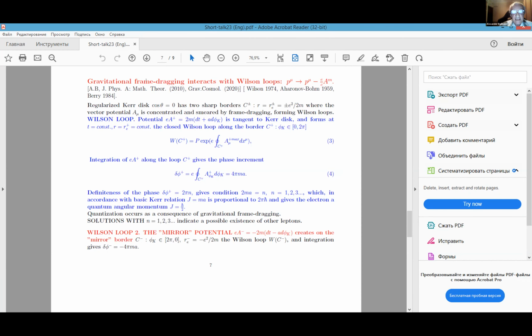A very important part is the emergence of the Wilson loops. In fact, the action of the Wilson loops is as usual, by this replacement using the vector potential. As known, the vector potential was earlier considered as not having a physical effect, but in fact it has the effect of a Wilson loop.